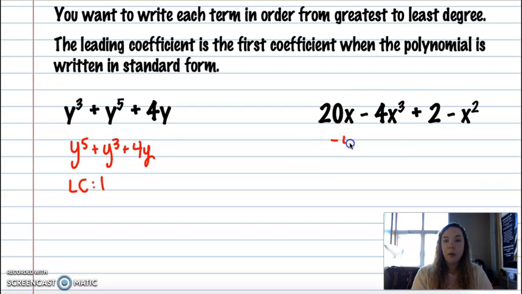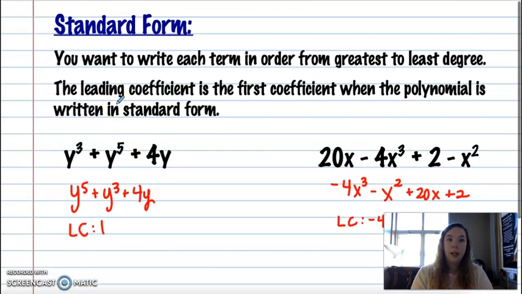So when we move it, we want to bring that negative with us. And then we have negative x squared. Then we would have 20x. Since it's positive, it'll be plus. And then we'll have our plus 2. And then our leading coefficient here is negative 4, the very first one. Okay, so that's standard form. Write it in greatest to least by exponent.